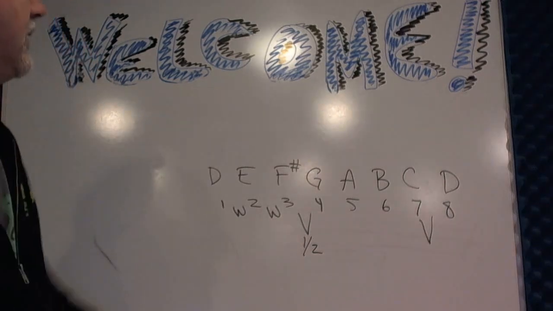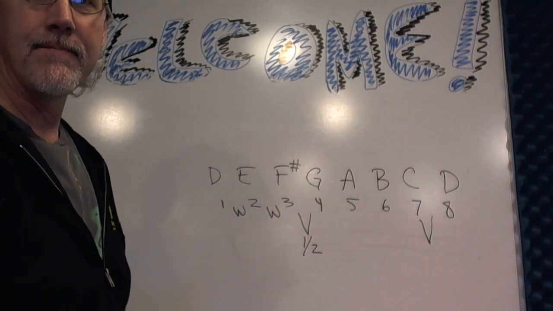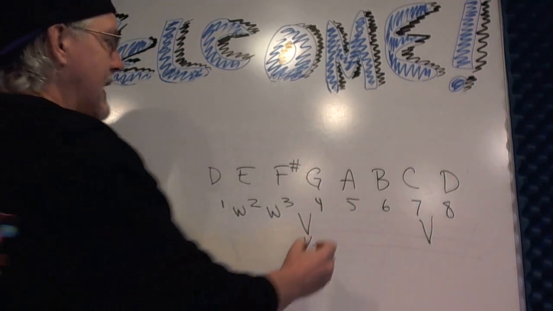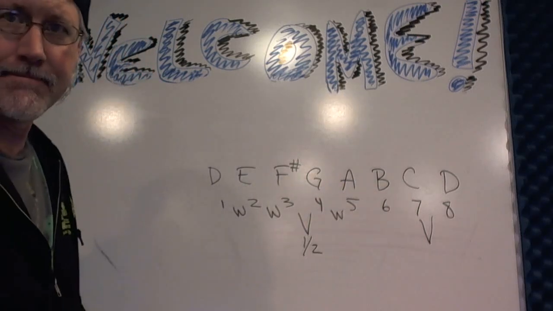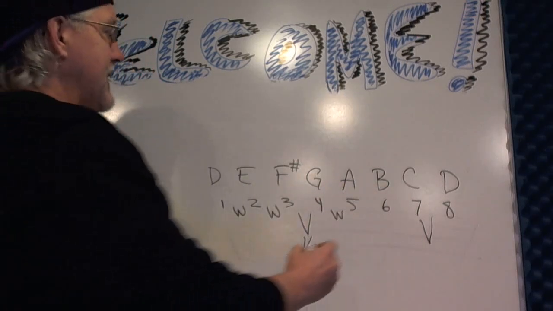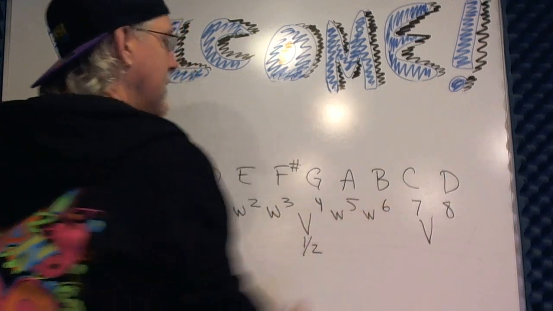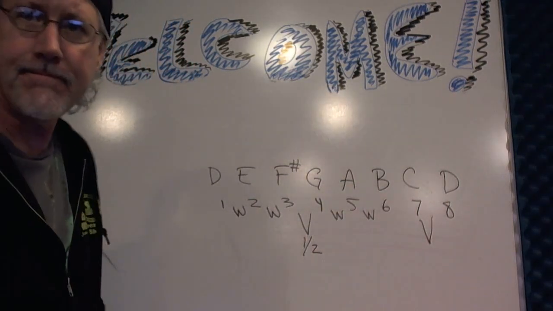What's G to A? G to A is a whole step, and that's what I need from 4 to 5. What's A to B? A to B is a whole step. That's what I need from 5 to 6. What's B to C?